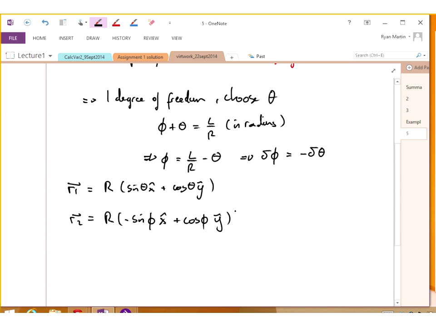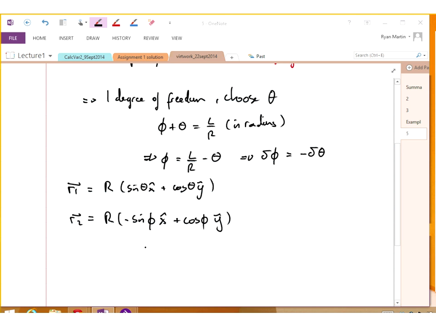That means now if we want the variation, yeah, we can take the variations now. So now we want the variations with respect to theta and phi, and then we can easily convert the variation in phi to variation in theta with our equation above here.